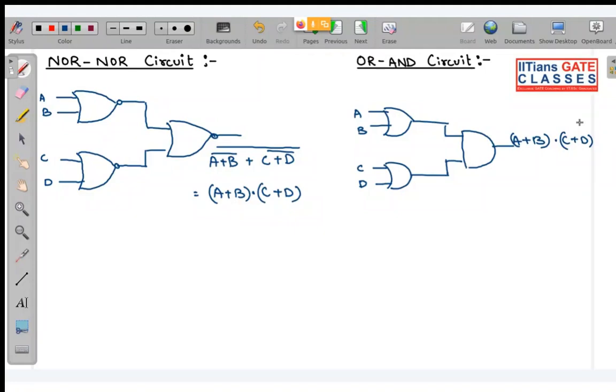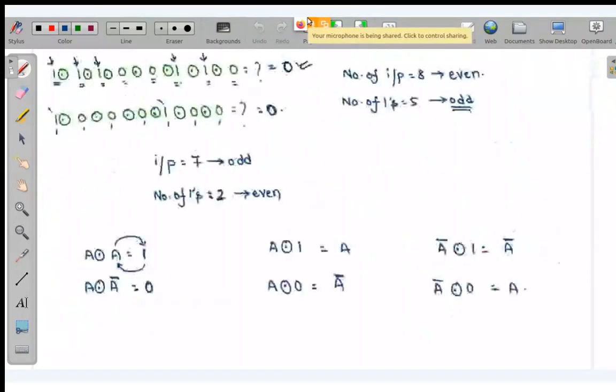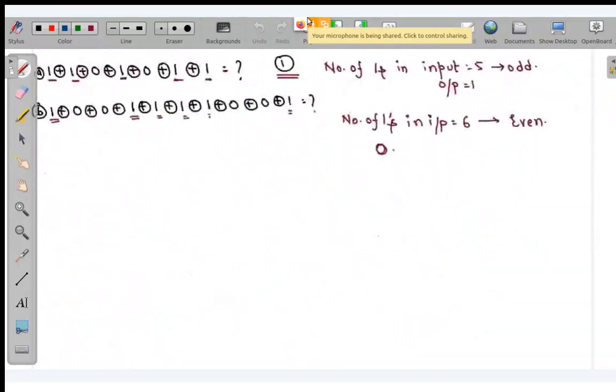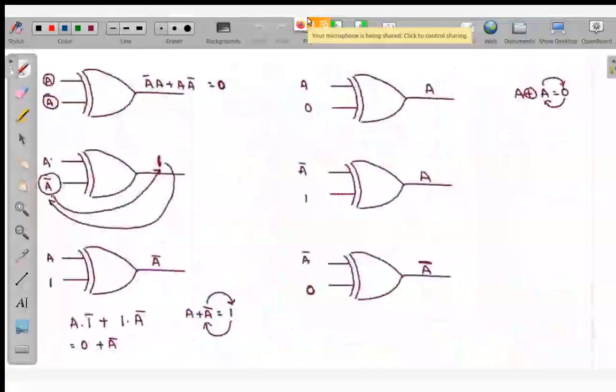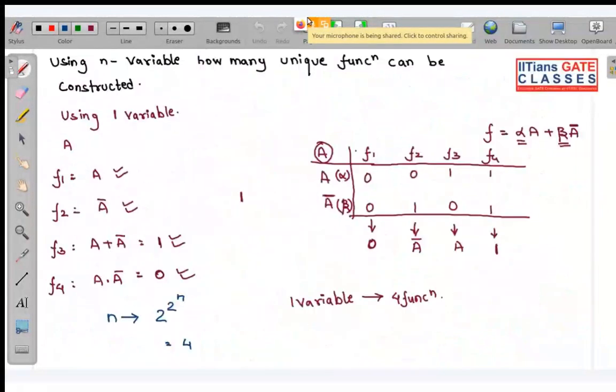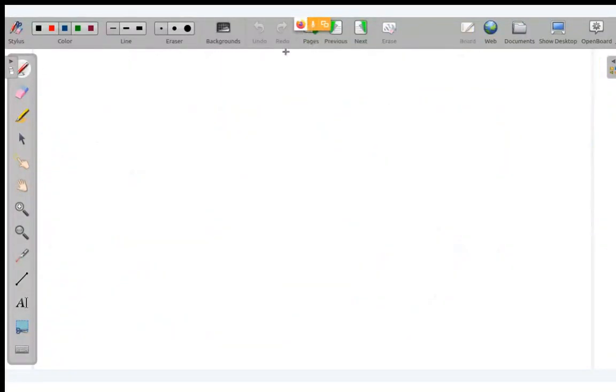Okay, fine. So now, one thing I might have forgotten. See, we had discussed how to construct the basic gates AND, OR, NOT using NOR and NAND.